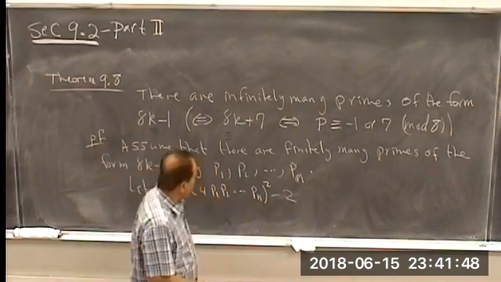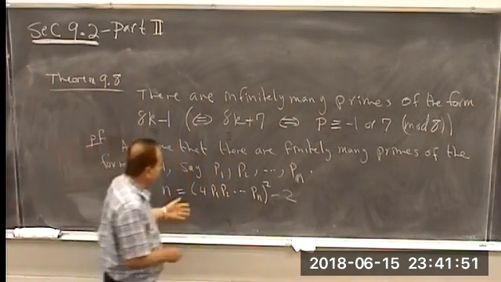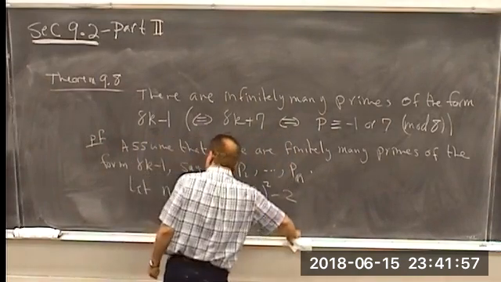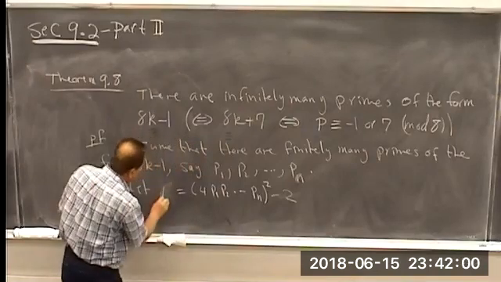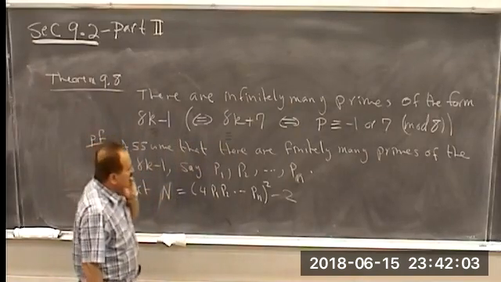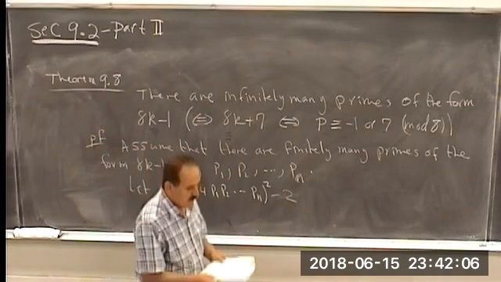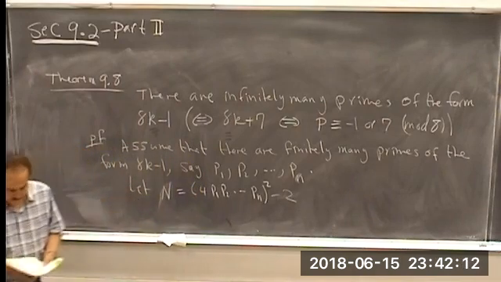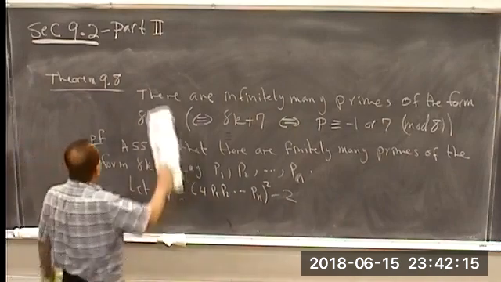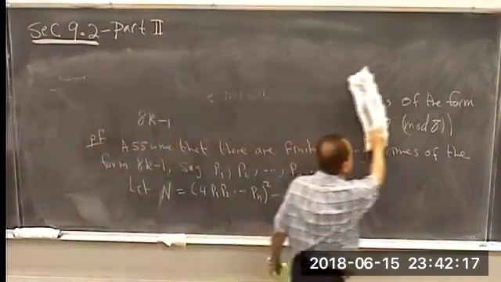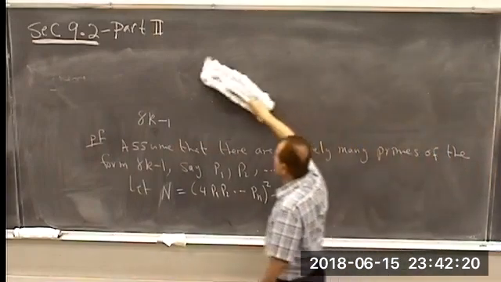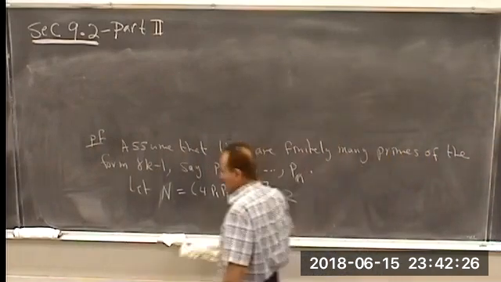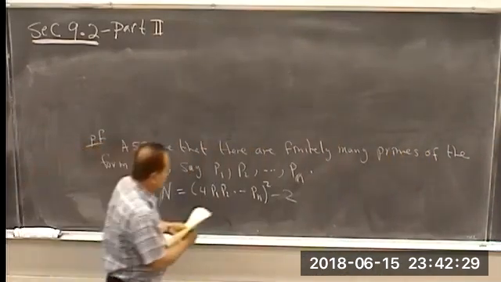Now, by the fundamental theorem of arithmetic, I want to take this as capital N, not small. Again, this number is, in fact, odd.